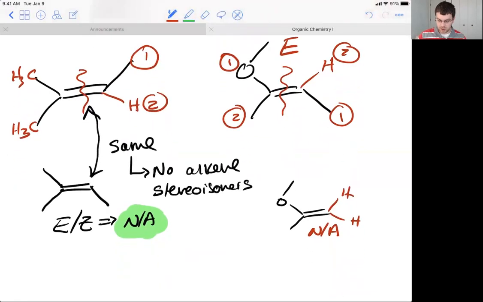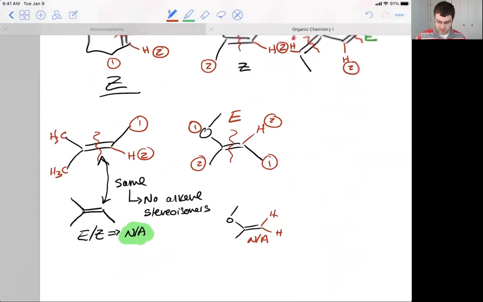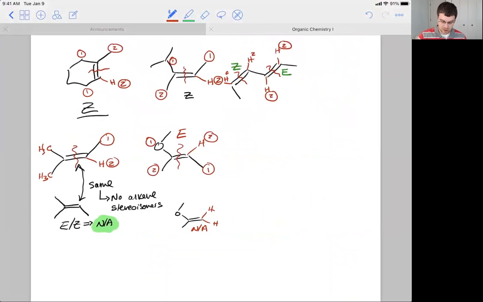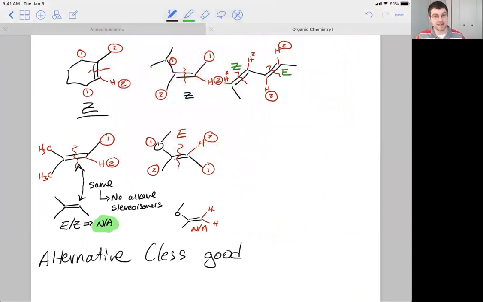Now, what we should also do, we would be remiss if we didn't talk about, is the alternative and less good way to describe alkene stereoisomers. That is to say, there are many examples of alkenes that have stereoisomers for which this method doesn't work.